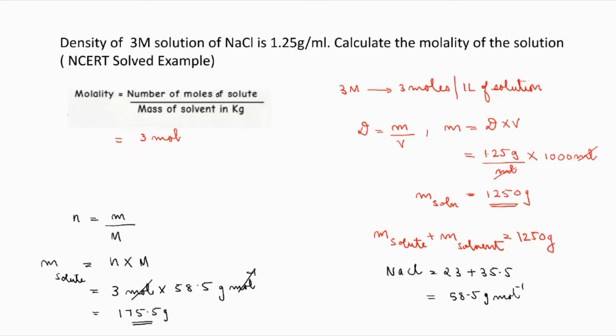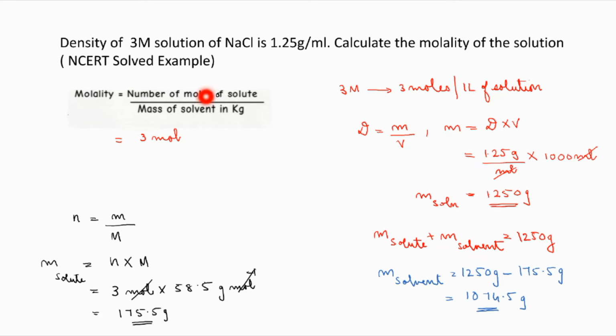From this, is it possible to calculate the mass of the solvent? Yes, do that. Mass of solvent will be equal to 1250 gram minus, what's the mass of the solute? That will be 175.5 gram. So you will be getting the answer as 1074.5 gram. Now you can calculate molality.